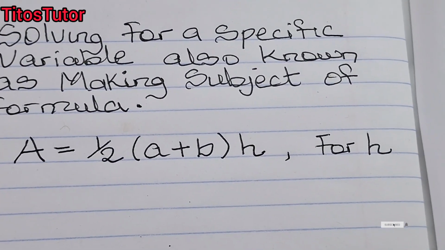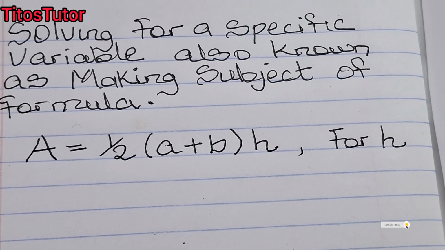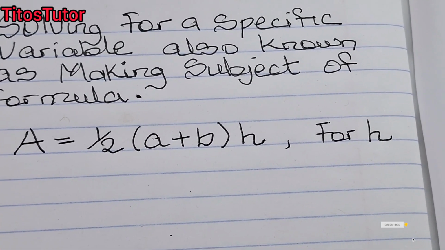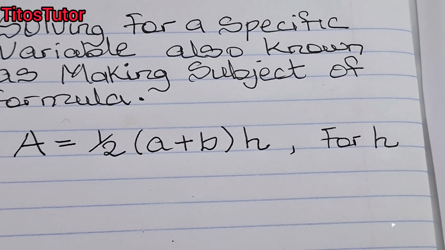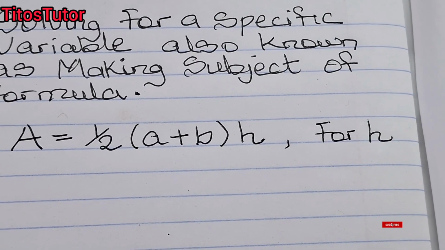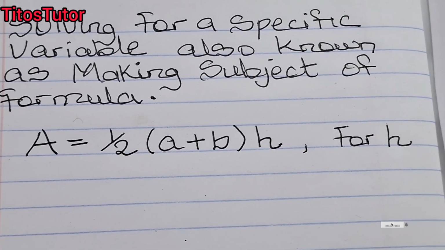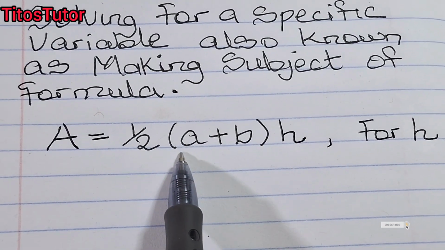Now, this question says A equals half open bracket a plus b close bracket h, solve for h. The first thing you do is you take all the things that aren't h to the other side. Let's start with the half. The half is multiplying.